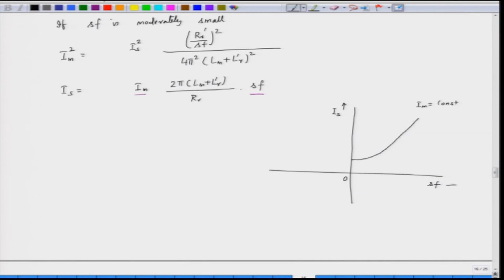As the slip frequency increases, the stator current also increases. On the negative side we can plot it in a similar fashion, just a mirror image. So, this is how the current varies with slip frequency. It means if we want to change the slip frequency, we have to change the stator current accordingly.